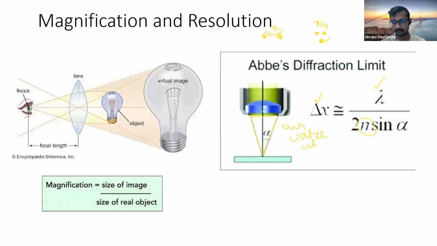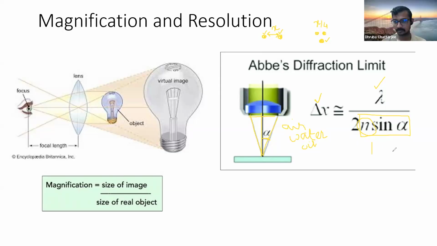If you draw a perpendicular from this sample, then this angle is your alpha. So this resolution also is inversely proportional to sine of this alpha. And actually, this n sine alpha together is represented as one optical property of the objective lens, which is called the numerical aperture, right?